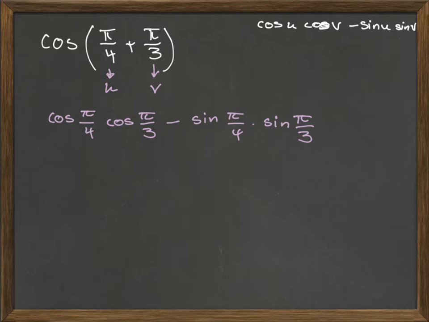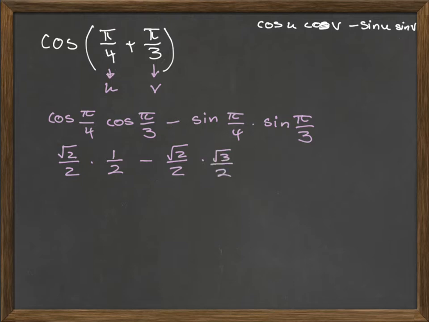So the cosine of pi over 4 is what? Square root of 2 over 2 times the cosine of pi over 3, for the 5th time this morning, is 1/2, minus the sine of pi over 4 is also the square root of 2 over 2, and the sine of pi over 3 is what?